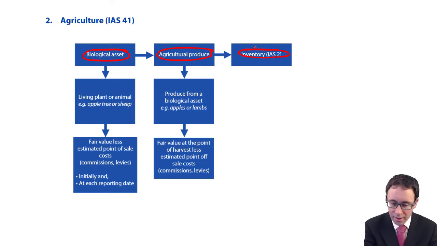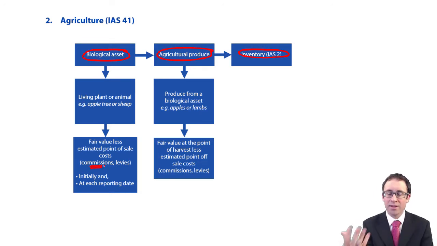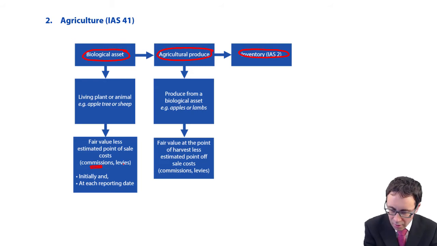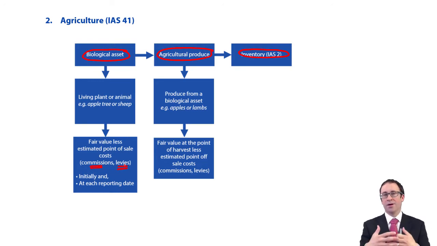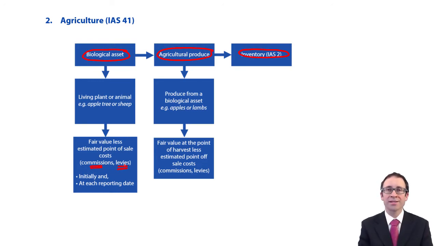So we're thinking there in terms of any commissions that you might have to pay to sell the goods, or any levies, so taxes. So it's like your net selling price, isn't it? Key bit is that it's done initially, so initially when you start off with that biological asset, and then at every reporting date, okay.